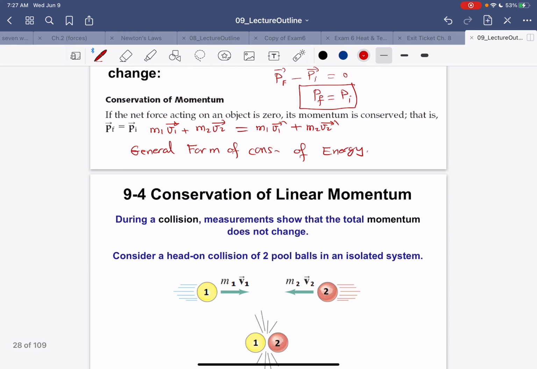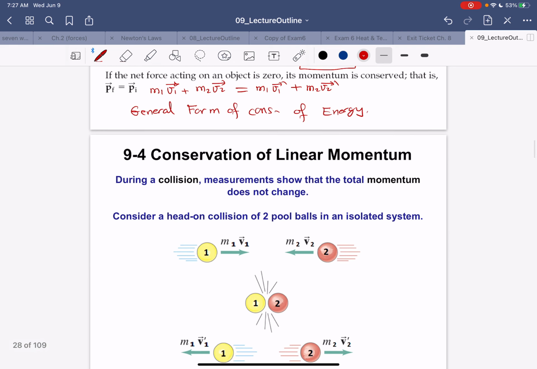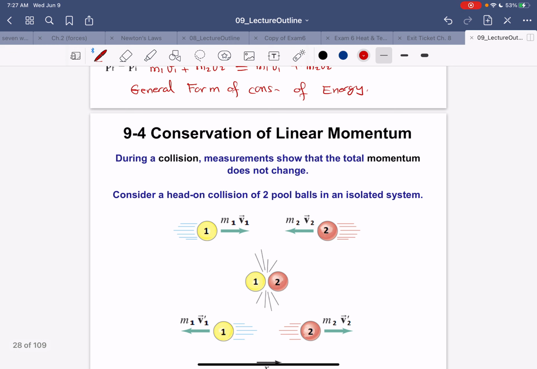Now, conservation of linear momentum here is talking about these two objects. And remember the velocities, here we are talking about what is called a head-on collision of two pool balls.